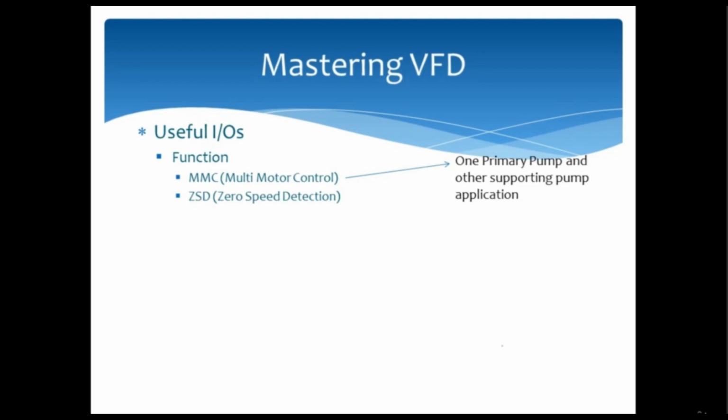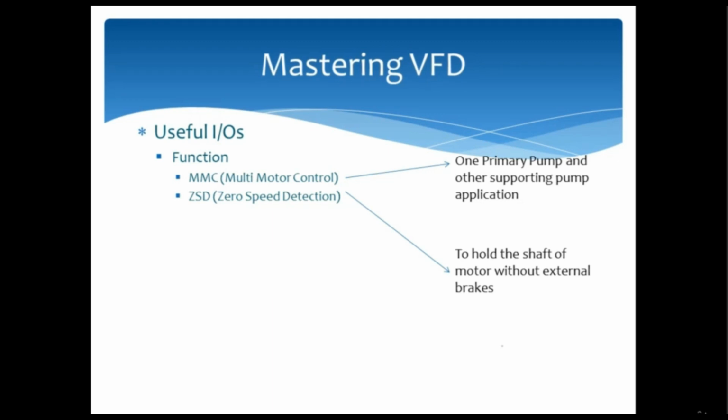And lastly, there is one function ZST, which stands for zero speed detection. It can be activated if the control mode is vector control. This function is used to hold the shaft of the motor at fixed position when stopped without using mechanical brake, which means that the voltage will be injected to motor to hold its shaft.